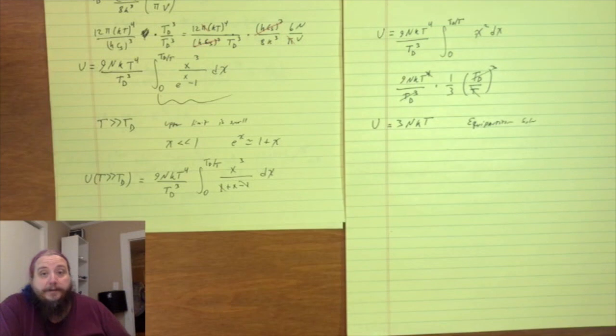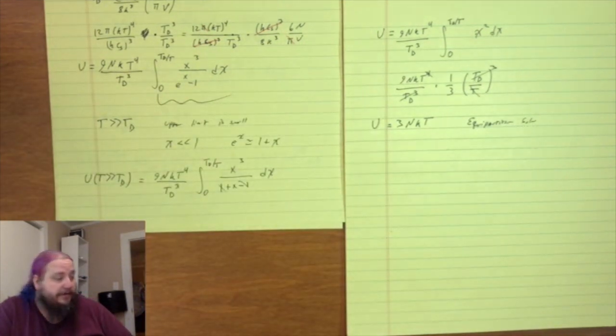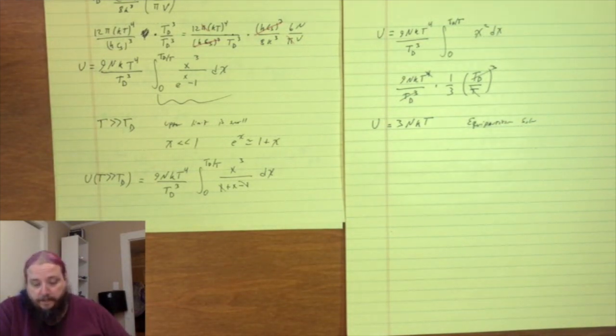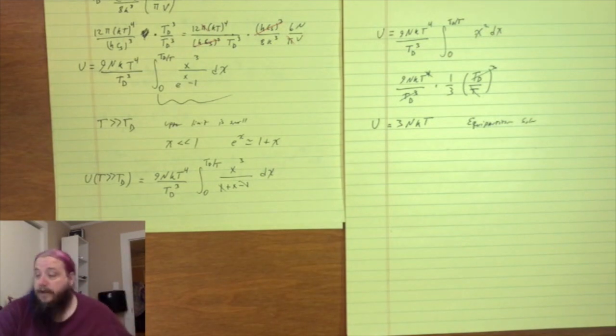So at the high temperature limit, the Debye theory, or the Debye approximation here, gives us the same result that we had already run across. But now we have the opportunity to take that to low temperatures, which the Einstein solid did not do very well with.